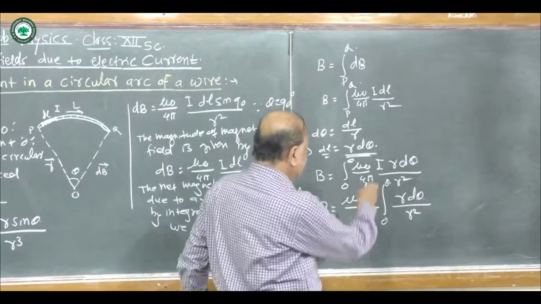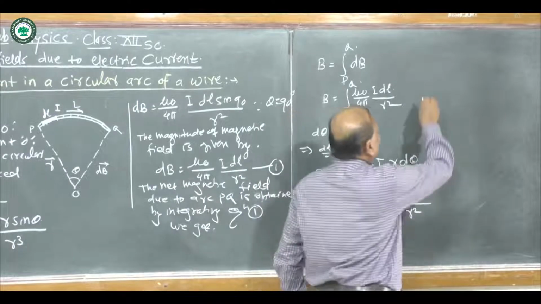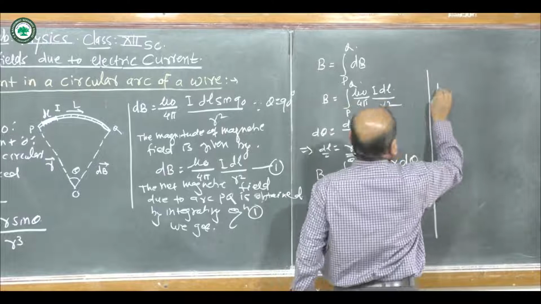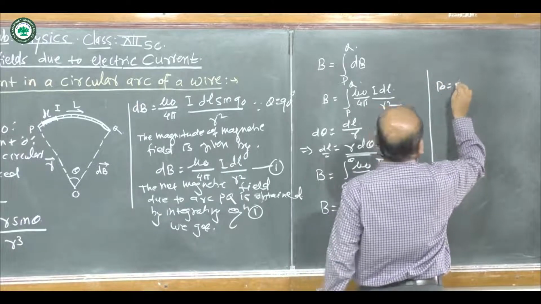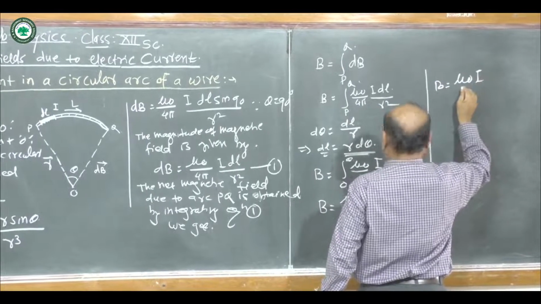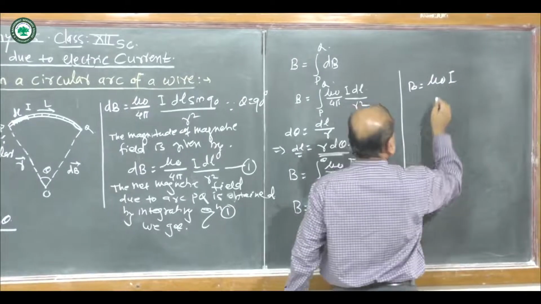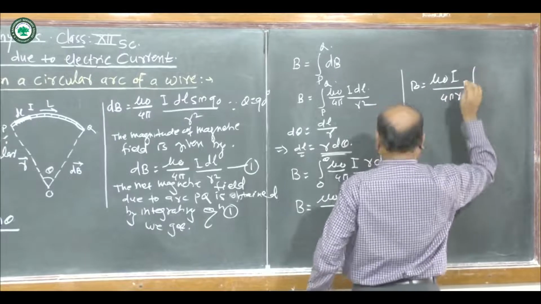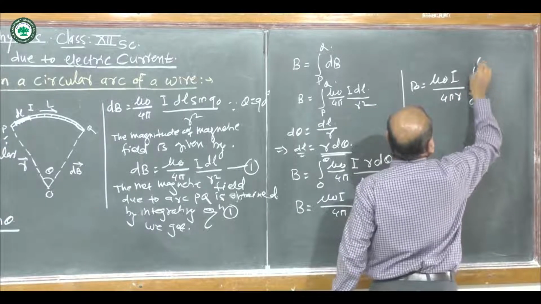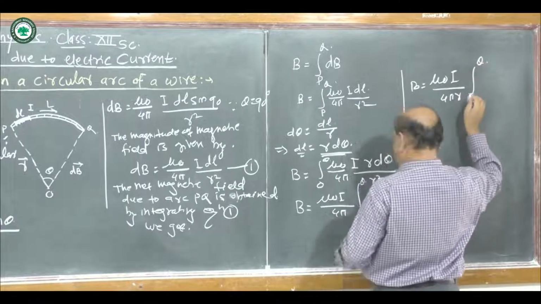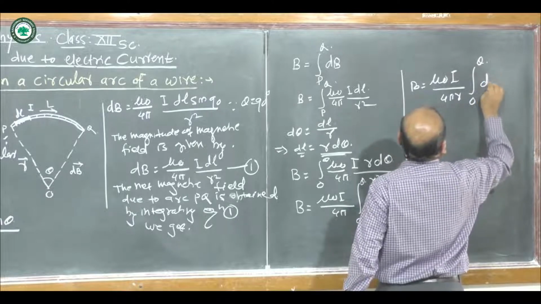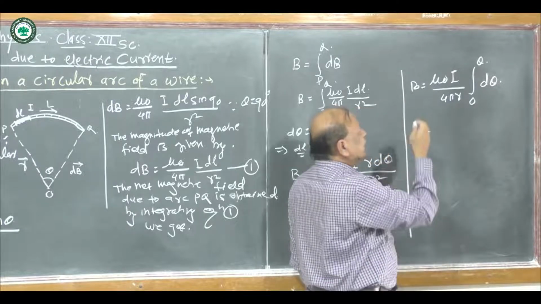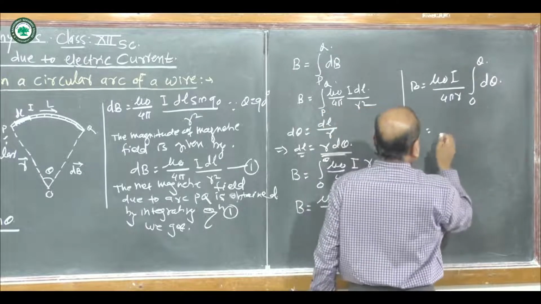The r cancels with r square, then B equals mu 0 I divided by 4 pi r, integration from 0 to theta of d theta. The integration of d theta gives theta.